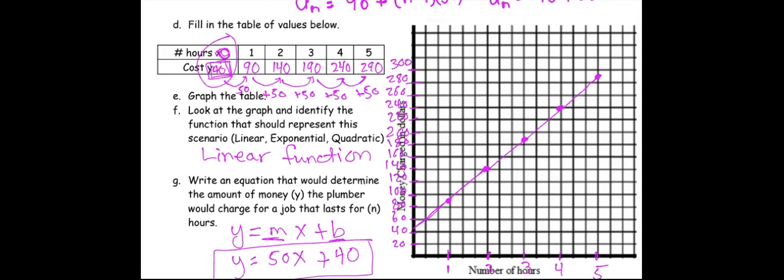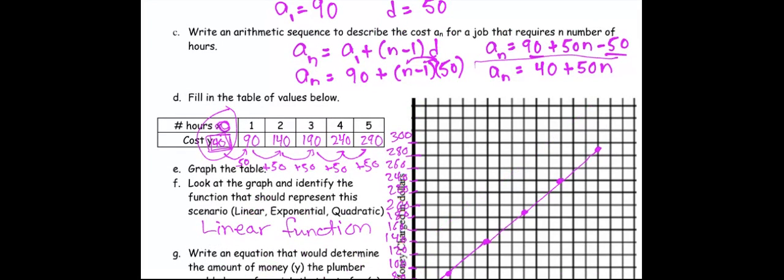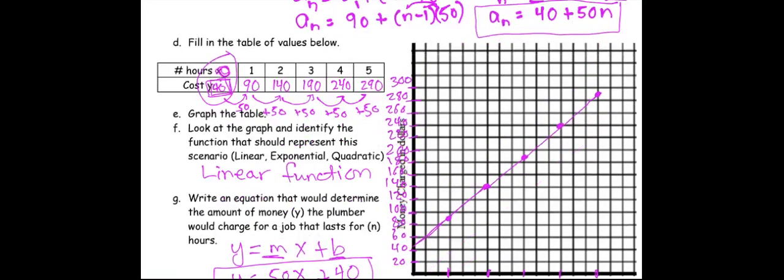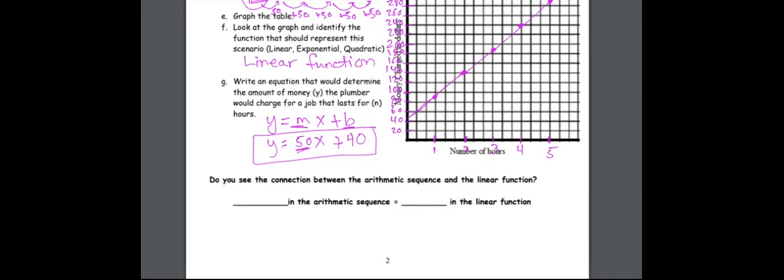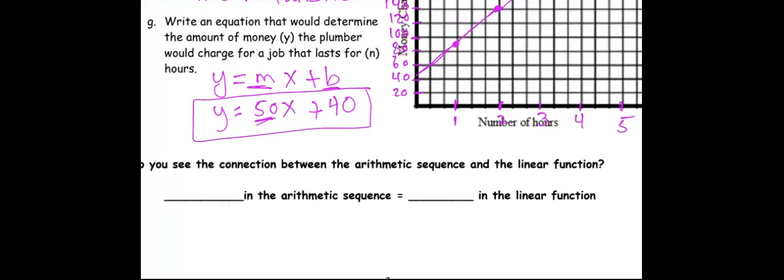If we look at this equation, and if we look at the nth term rule of the arithmetic sequence, we can see that these two equations are almost the same. They have the same parameters. With the nth term rule, we have 50 as the common difference, and we have 50 as the slope. The question after that says, do you see the connection between the arithmetic sequence and the linear function?